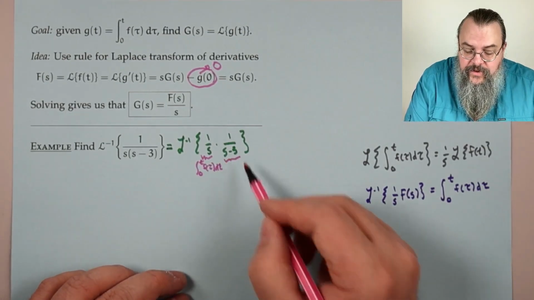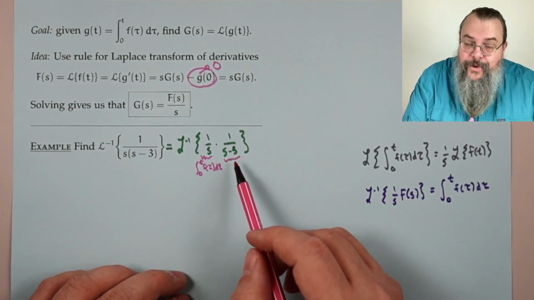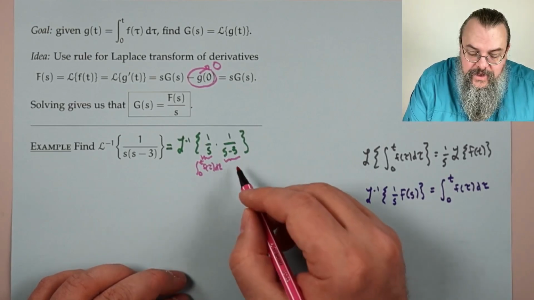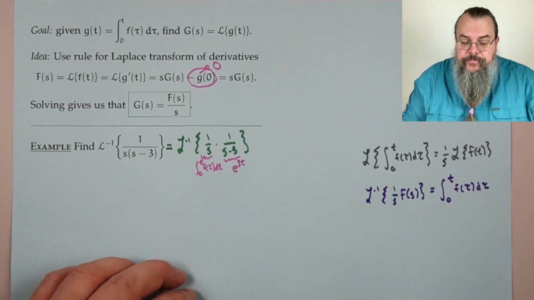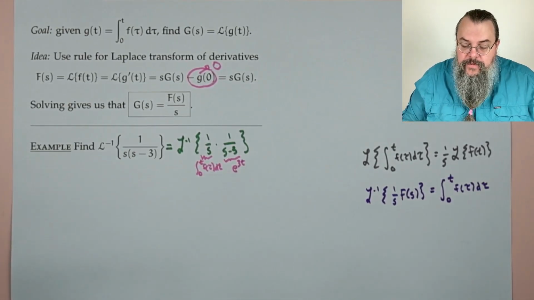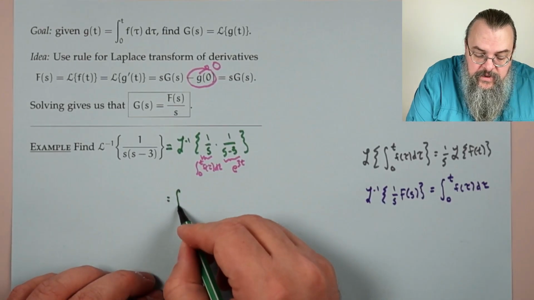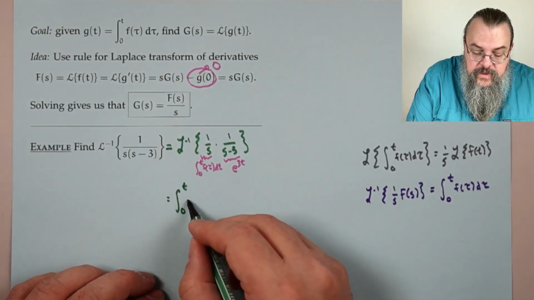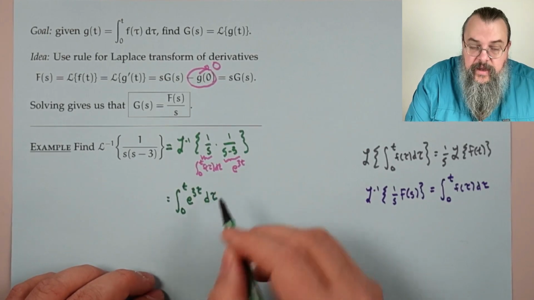Well, we look at the rest of it and say, what is the inverse Laplace of 1 over s minus 3? Of course, we know our rules. That's e to the 3t. So we put this all together, and that means this becomes the integral from 0 to t of e to the 3 tau d tau.